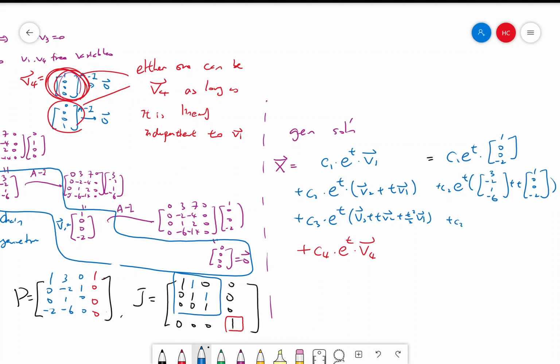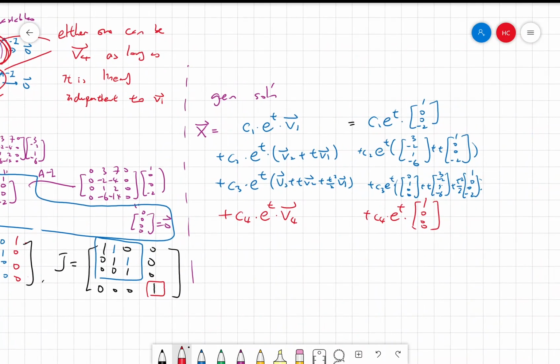And c3 e to the t, v3 is 0, 1, 0, 0 plus t times v2, 3, negative 2, 1, negative 6, plus t squared over 2 times v1, which is 1, 0, 0, negative 2. And c4 e to the t, v4 is 1, 0, 0, 0.